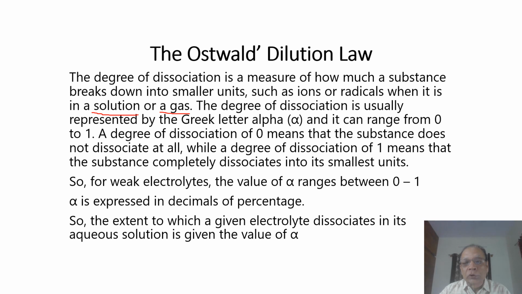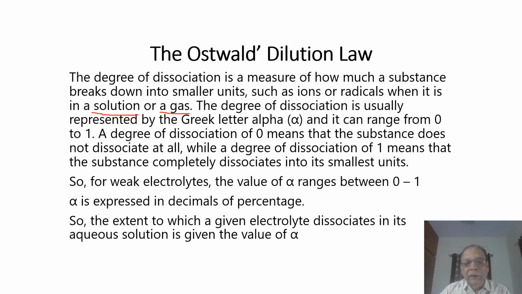The degree of dissociation is usually represented by the Greek letter alpha, and it can range from 0 to 1. A degree of dissociation of 0 means that the substance does not dissociate at all, while a degree of dissociation of 1 means that the substance completely dissociates into its smaller units.